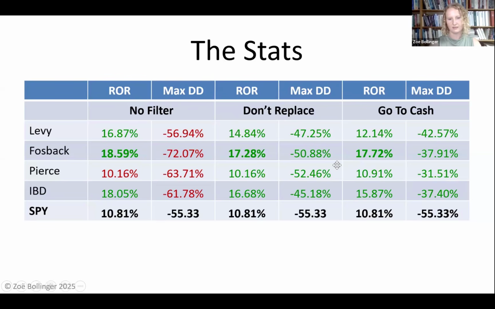We see that immediately we pull all of these drawdowns back inside the S&P amount. They're still pretty bad, but we're looking at something that includes the great financial crisis here. And we'll talk a little bit about alternatives going forward. Go to cash brings them in even more. Now you're into the 30s for the most part.